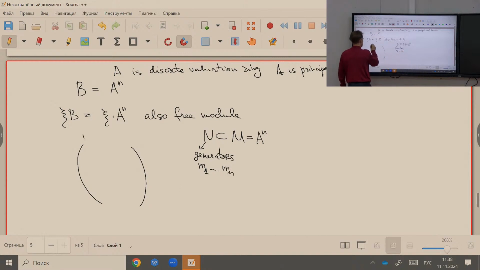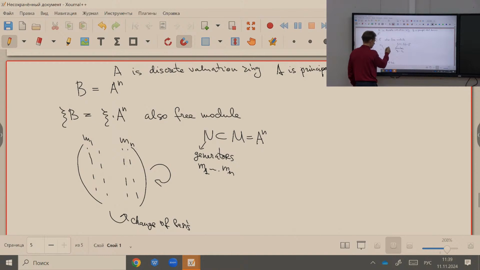So you're writing down m_1, ..., m_n in terms of a matrix, and the claim about principal ideal domains is that you can change basis here, and you can change basis here in A^n.